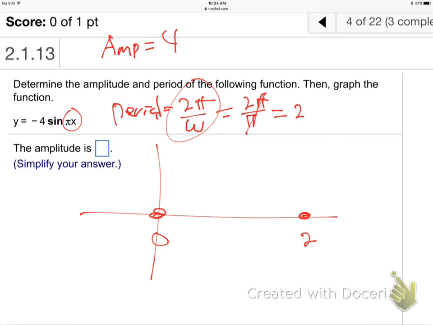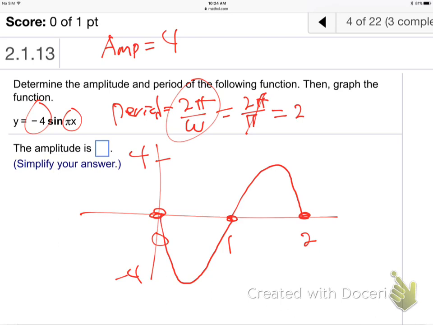And halfway there is obviously 1, and that's when it hits 0. Actually, this one goes down first, doesn't it? So it's going to go down to -4, hit 0, up to +4, hit 0. There we go. That's its first cycle and it just keeps repeating. Is that making sense? One cycle by 2, halfway at 1, down first.